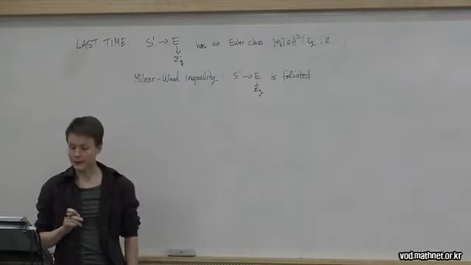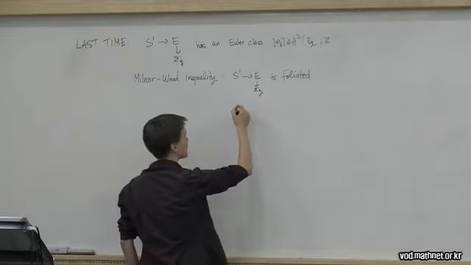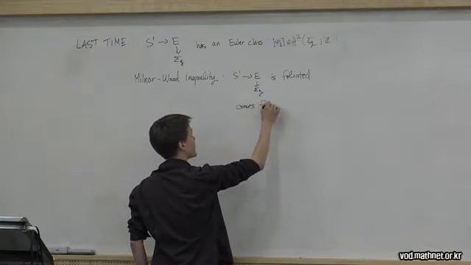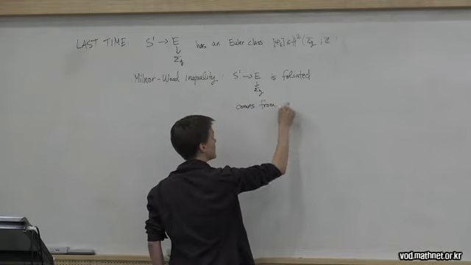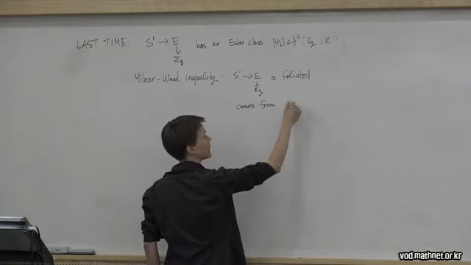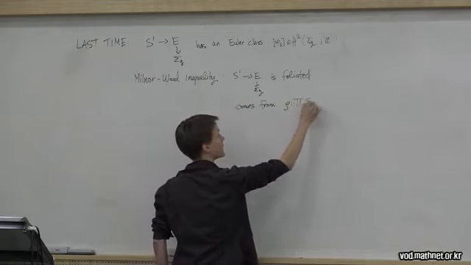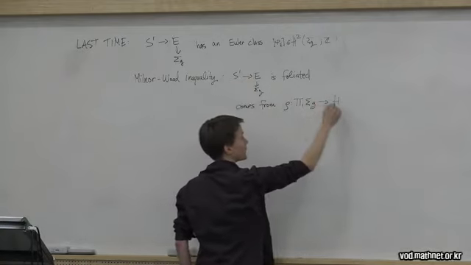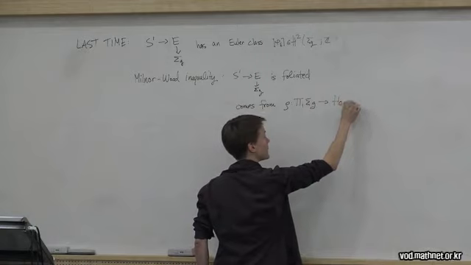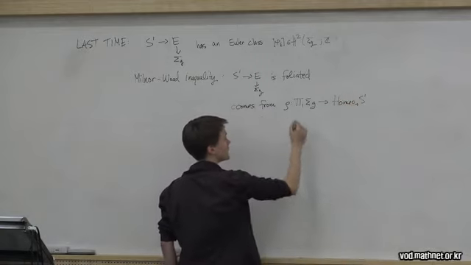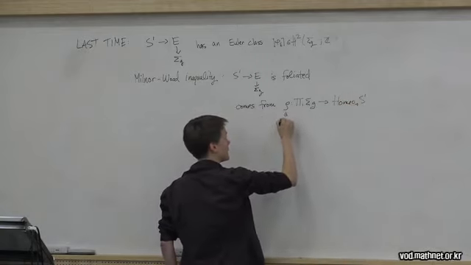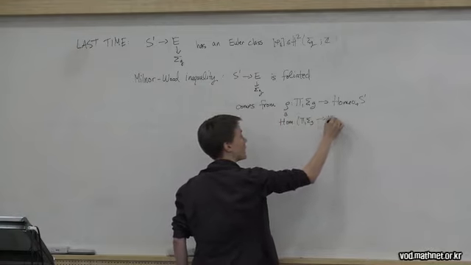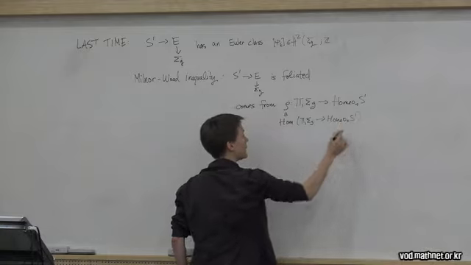But another way to say the same thing is that it comes from this construction that we built out of a representation of the fundamental group of the surface to the structure group here, the group of homeomorphisms of the circle. So this is in Hom(π1(Σg), Homeo+(S1)).